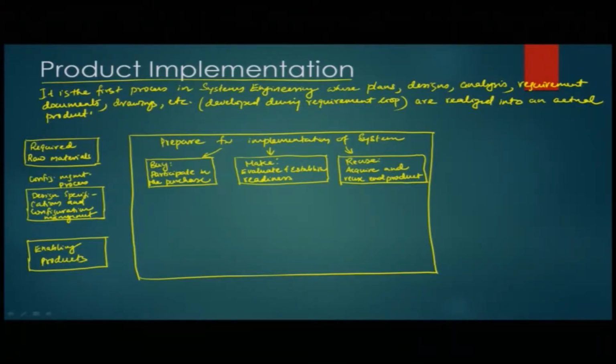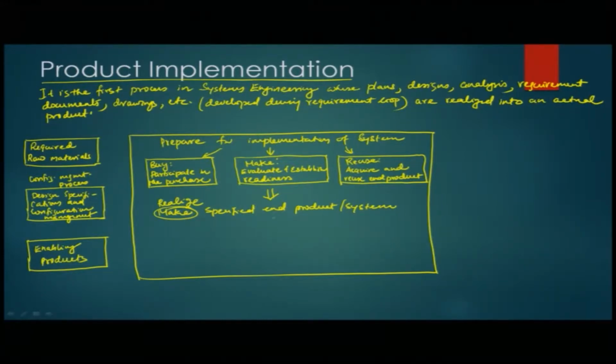Once these three things are done, we move to the next step, which can be called make specified end product or system. So make a system or an end product that meets the specification. Or instead of using make, let's say realize, because it will be confused with the other make. So we'll use realize as the phrase here.